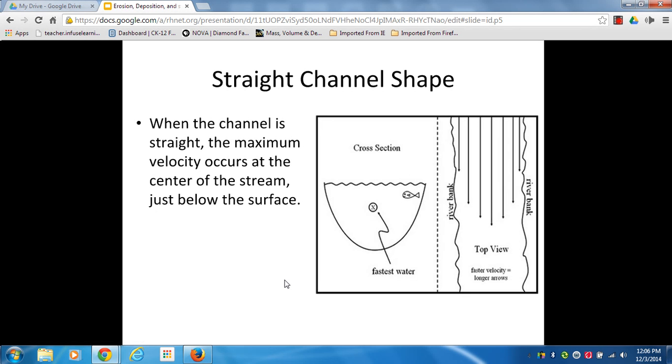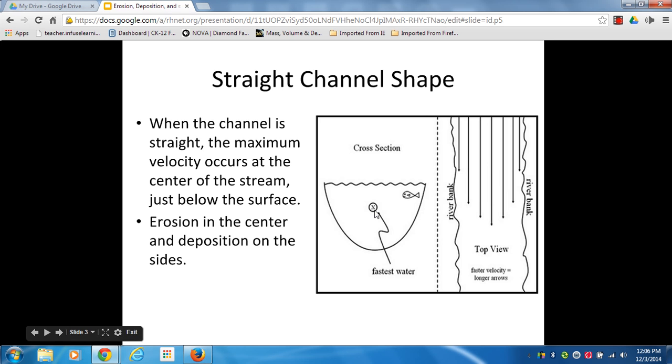So faster velocity is going to equate to more erosion happening. Erosion is where sediment is picked up and moved elsewhere. So wherever the water is moving the fastest, it's going to have the greatest ability to then move sediment or erode sediment.